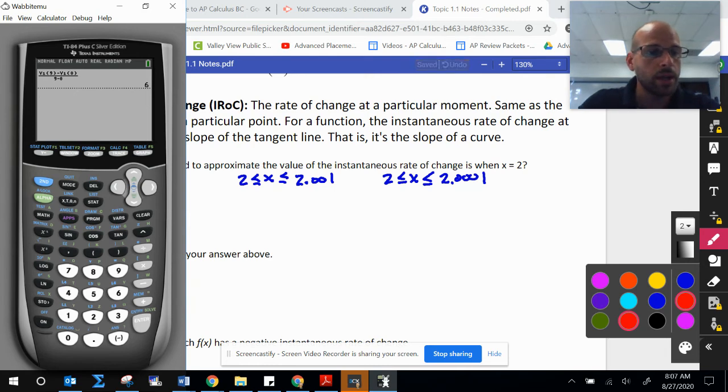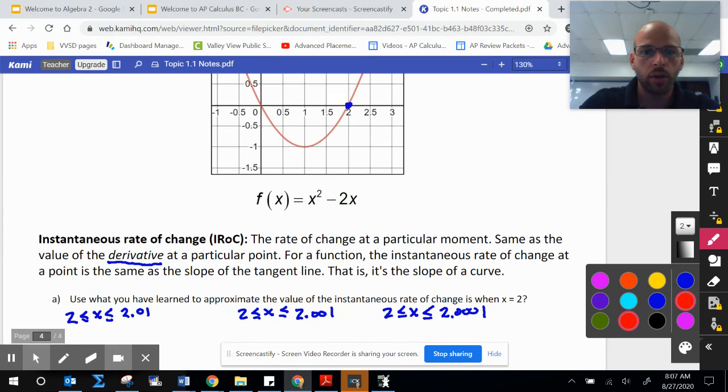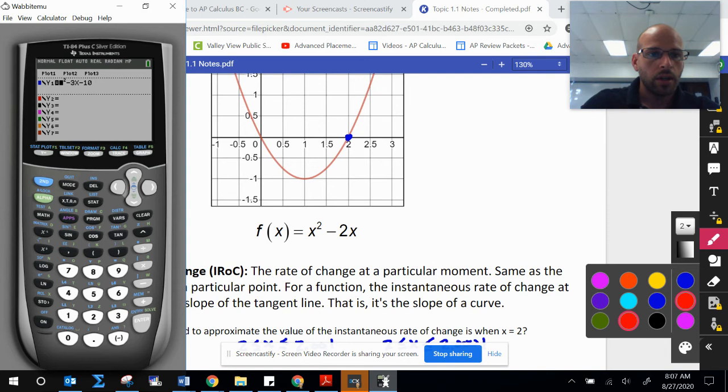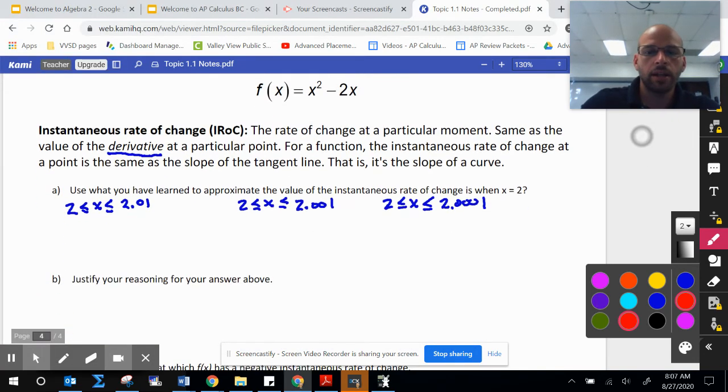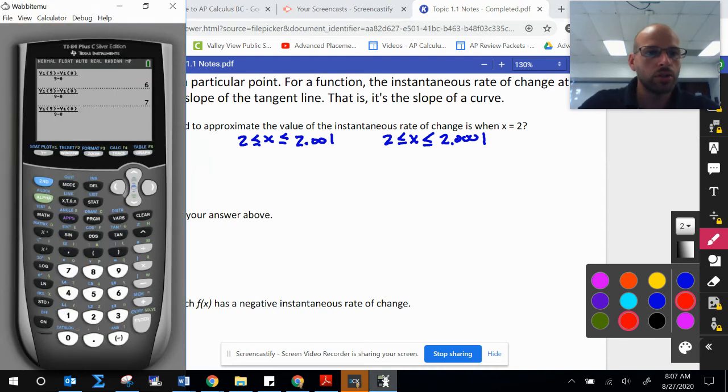So if I use my calculator in Y1, we have a different function here. I have x squared minus 2x. And if I then change my average rate of change formula to use those values, I'm going to go from not 9 to 0, because that was the first problem we did.